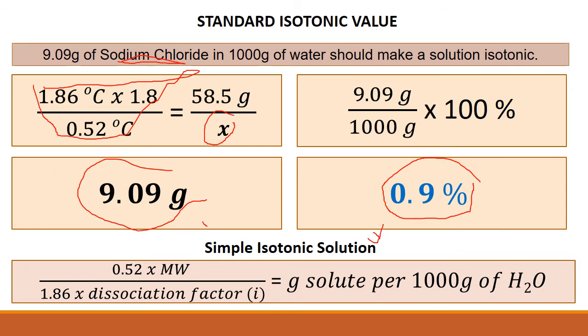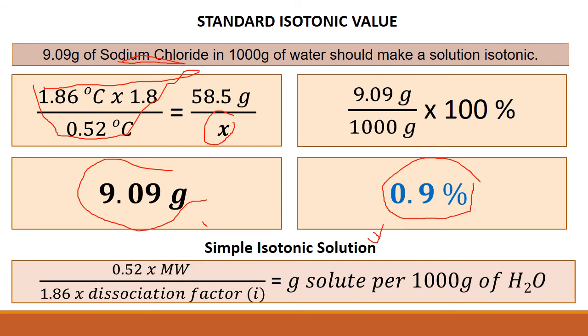Okay, so this is given, all the formula is given. Okay, this is how we are going to get the isotonic value of our sodium chloride. Okay, right? Salt is important in our body. So we have here 9.09 grams of 1000 grams times 100%. We will get a 0.9%.